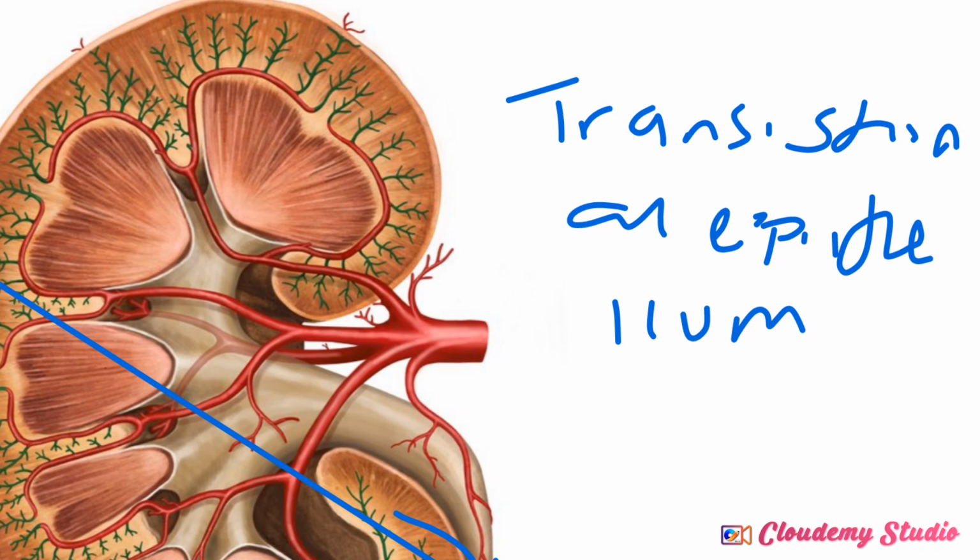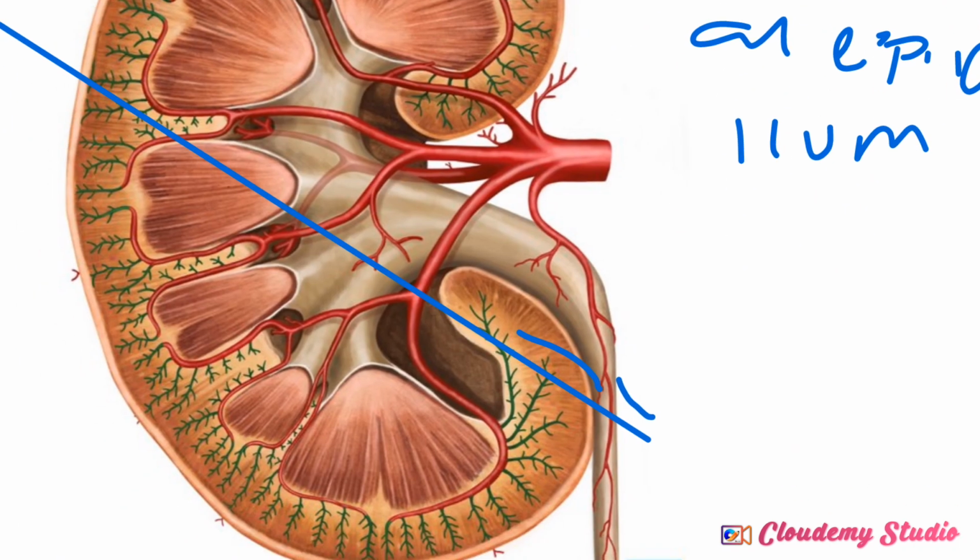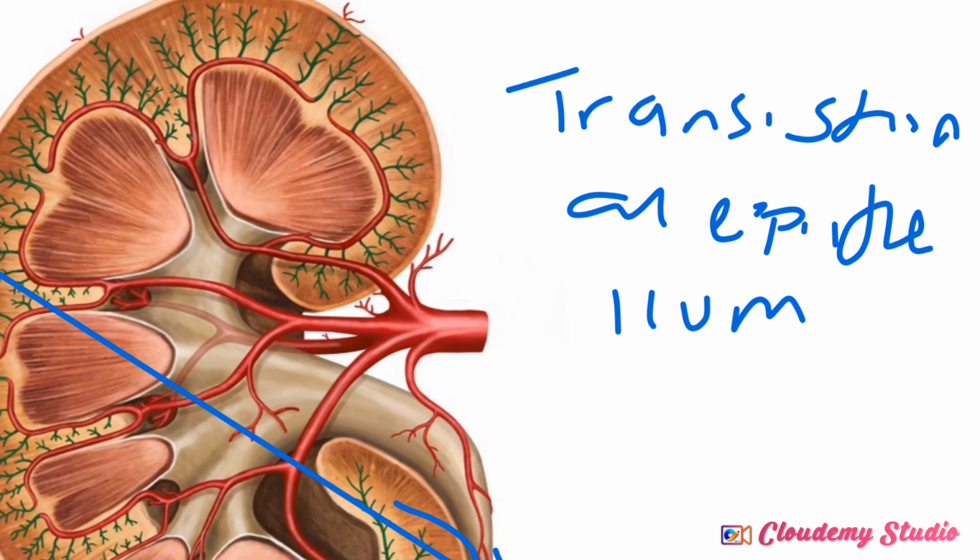But you have to know that the major calyx, the minor calyx, the pelvis, the ureter, the urinary bladder, and some part of the urethra, all of them consist of transitional epithelium. That's the reason why they can contract and they can relax.